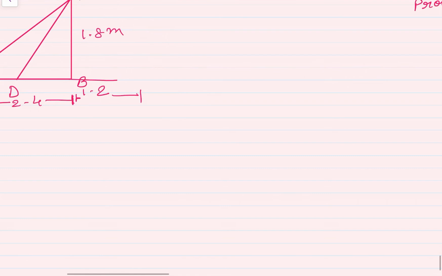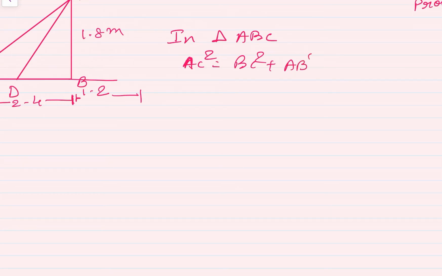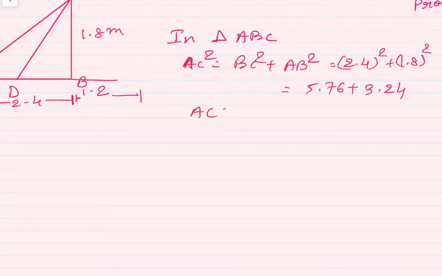So now in triangle ABC, AC square is equal to BC square plus AB square, which is equal to 2.4 whole square plus 1.8 whole square, which is equal to 5.76 plus 3.24. That is, AC is equal to under root 9.00, that is 3 meters.